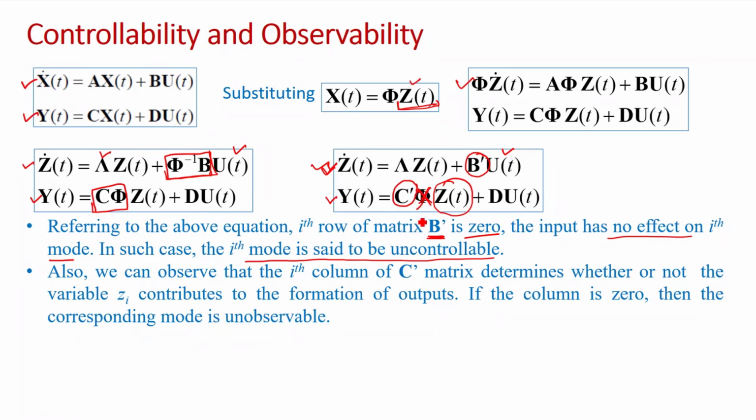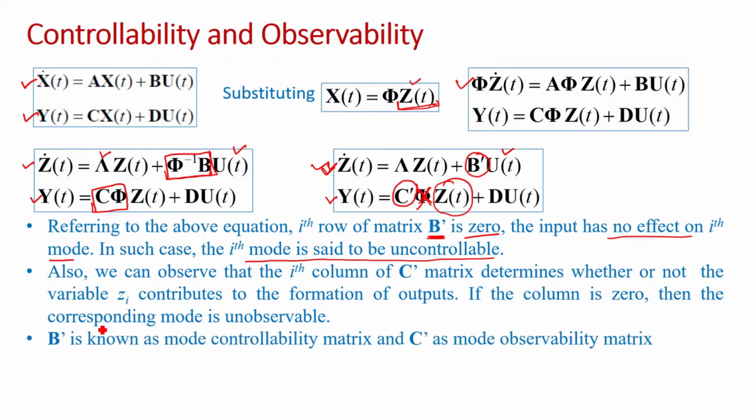Okay. So similarly, if any column of the C dash matrix is 0, that means one of the modes is unobservable in the output, right? Similarly, we can say the same for uncontrollability. Therefore, B dash is known as the mode controllability matrix and C dash is known as the mode observability matrix.